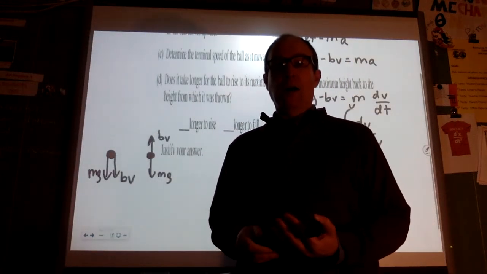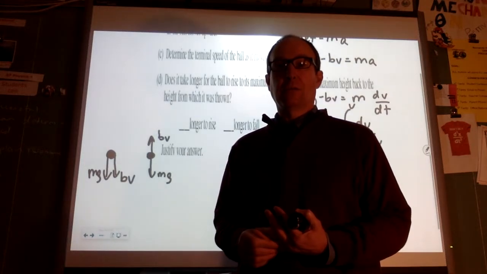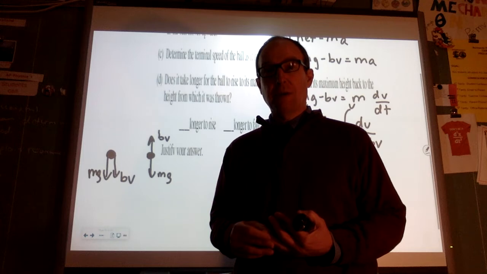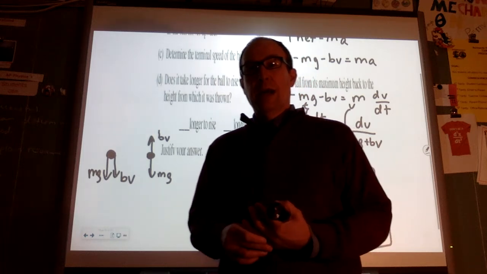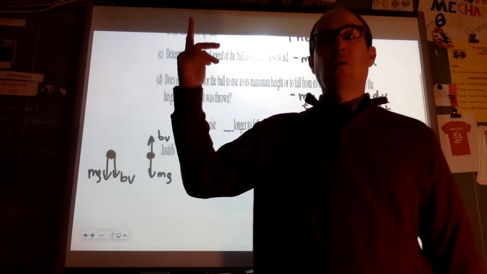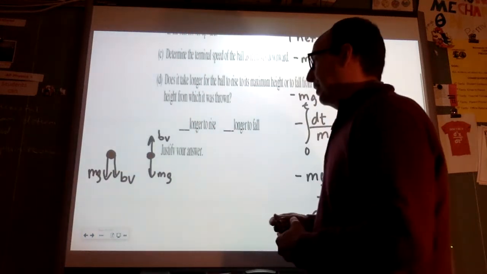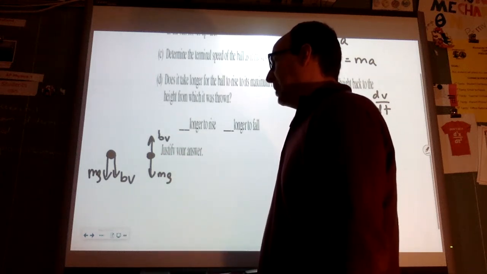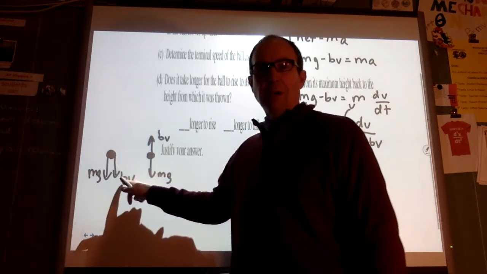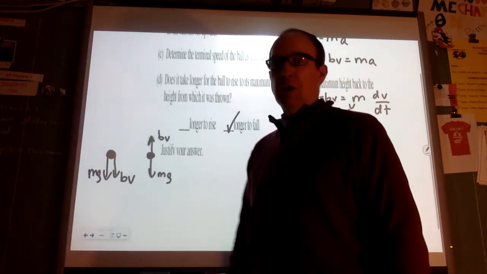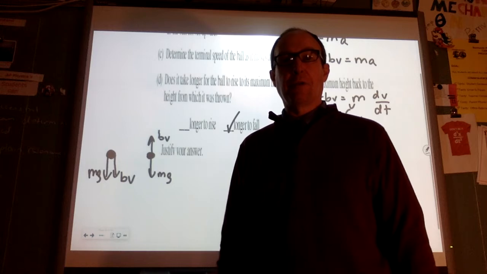On the way up and on the way down, our system is losing energy. So that's what this drag force tells us, that we have this non-conservative force that's friction. And because it's going to be losing energy all the way up, on the way down, it's not going to reach a velocity anywhere near the original velocity it took. So it's going to take longer to fall down because of this non-conservative force.